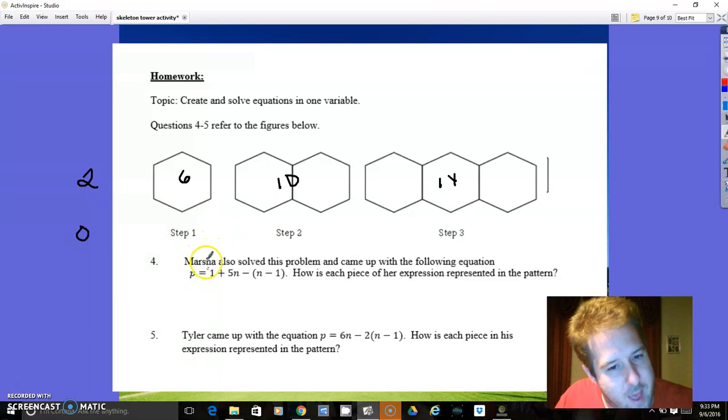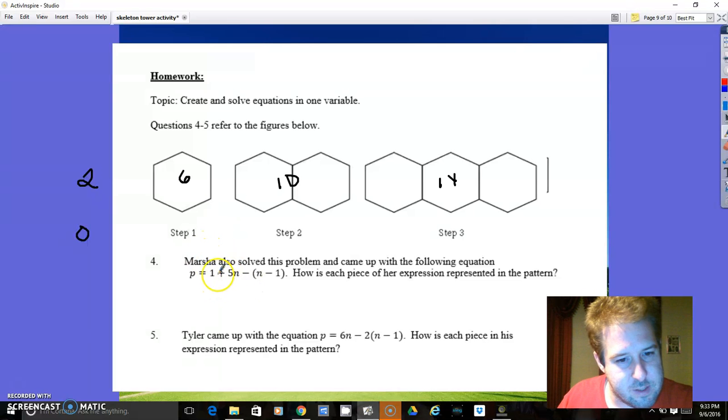Okay, so knowing that, this first equation, it's an equation, P equals. So the 1 in this case stands for this one side. Because the way Marshall was thinking about it is what's really happening here, instead of adding 4, it's really a perimeter that's being added of 5 other sides. She started with this one side, and she's thinking that 1, 2, 3, 4, 5 is being added.